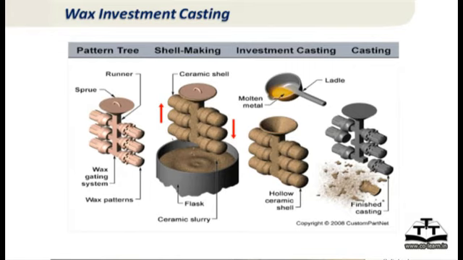We looked at in the first lesson how this originated several thousand years back as a lost wax casting process. This is the industrial lost wax casting process, referred to as the investment casting process. We create the wax patterns not by hand carving as we saw earlier, but by injecting wax in a die, just like plastic injection molding.